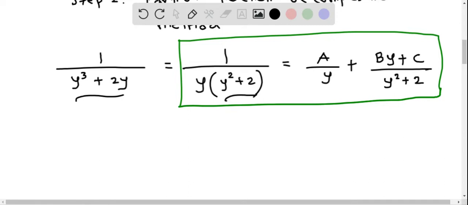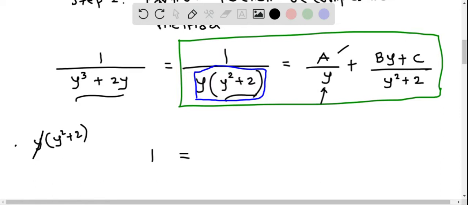So let's focus on this equation. Now I'm going to multiply both sides by this expression so that we can remove the fraction from both sides. And so when we do that, we get 1 on the left side. And this equals, this a has to be multiplied with the term which it doesn't have in the denominator. So it has y in the denominator. So when we multiply both sides with the expression y times y squared plus 2, this y will get cancelled and a will be multiplied with y squared plus 2.